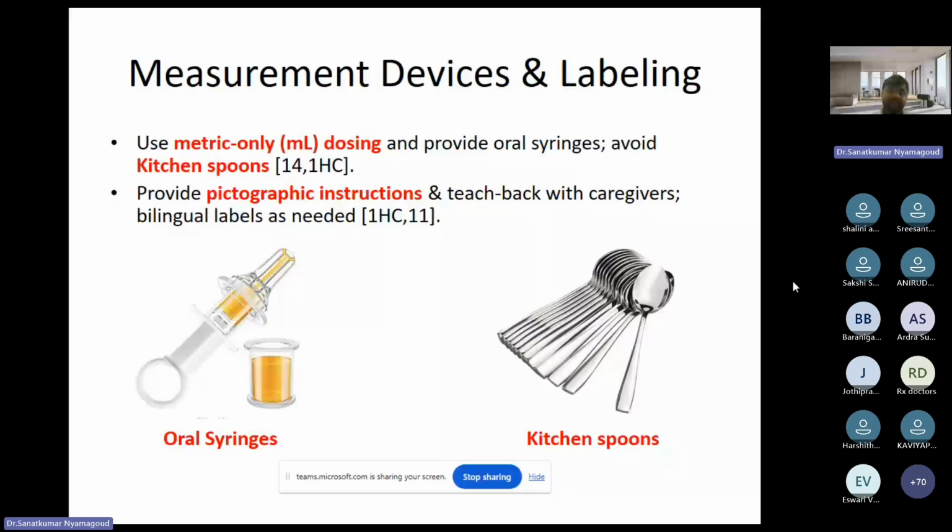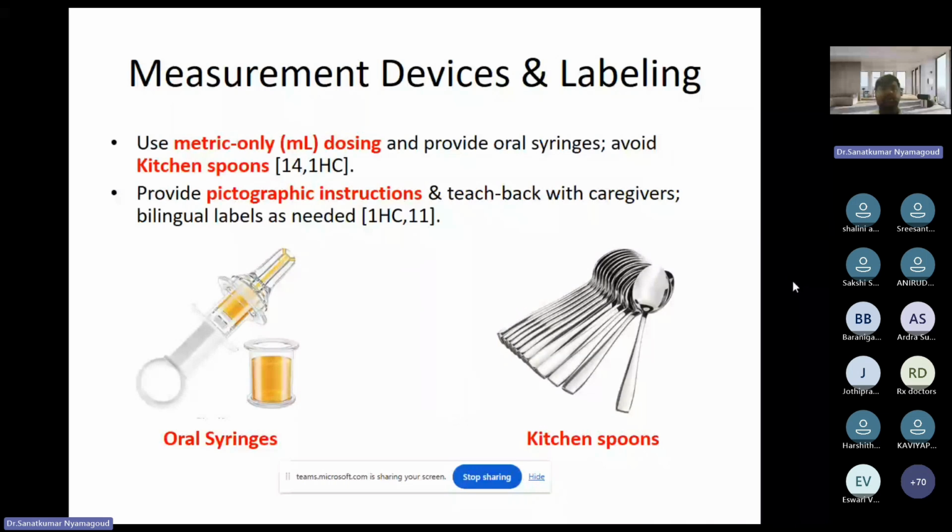You can use any language the patient or caretaker understands, English or Hindi or Telugu, and educate them regarding the measurement devices which are available.